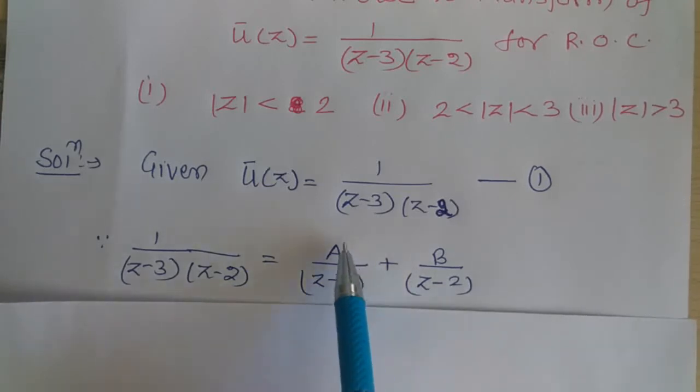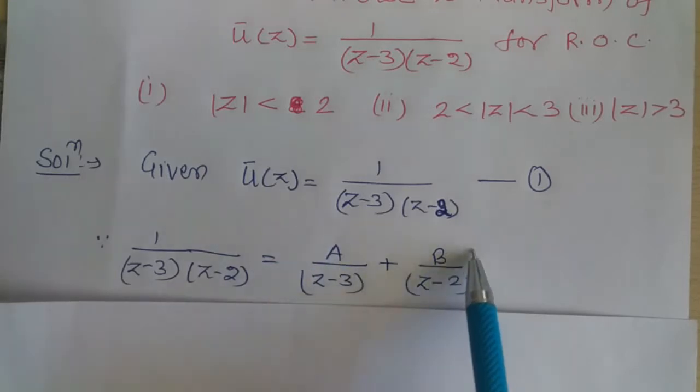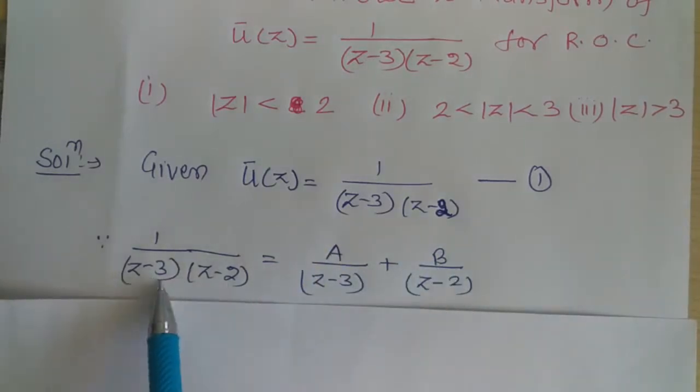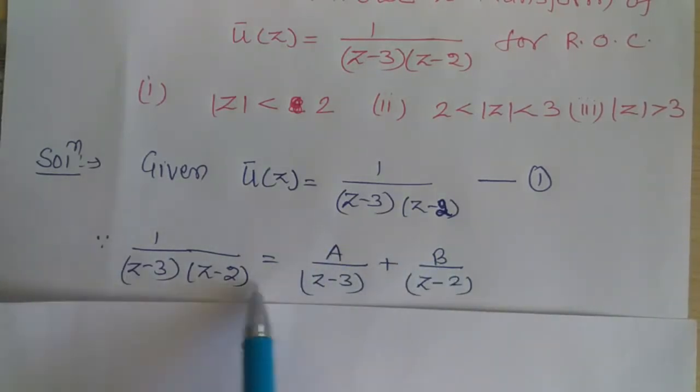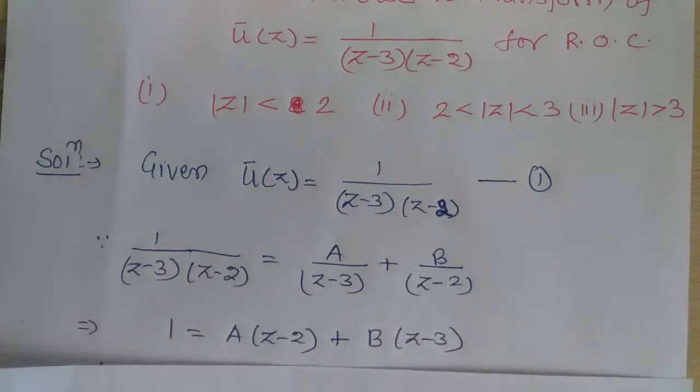Then we have A into (z minus 2) plus B into (z minus 3), and the LCM is cancelled on both sides. So we get 1 equal to A into (z minus 2) plus B into (z minus 3).